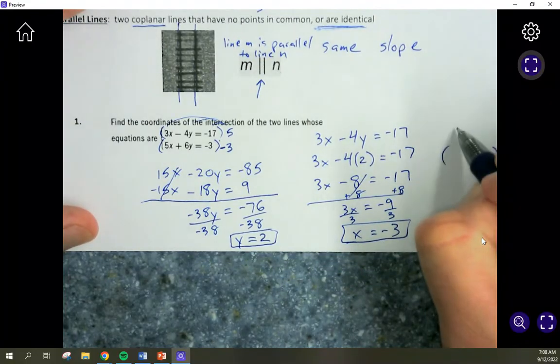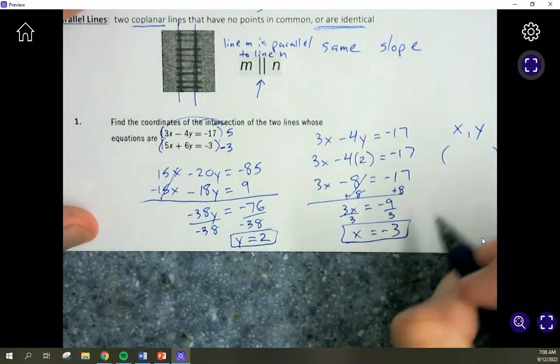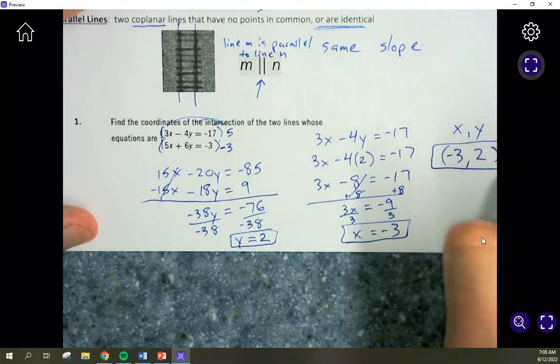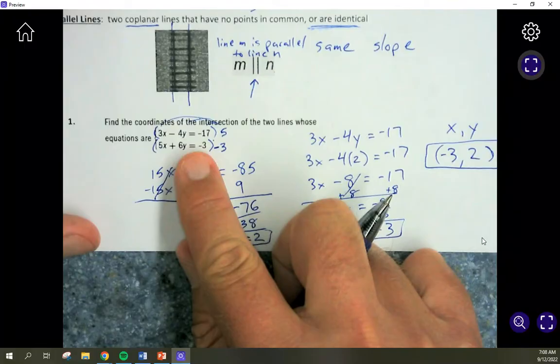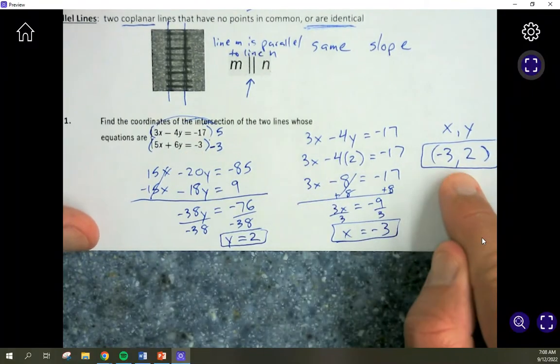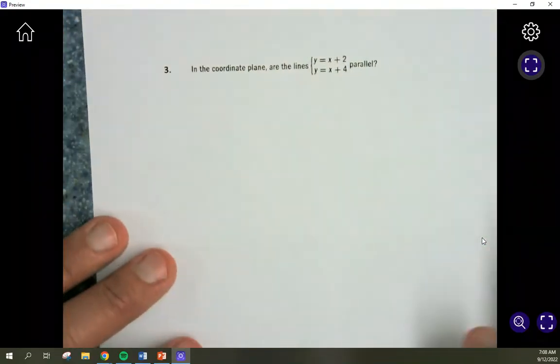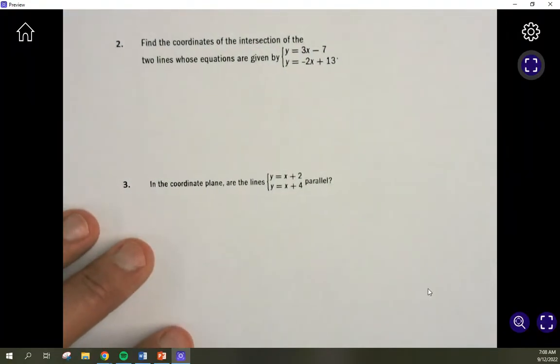Remember, it's x comma y. So the x value is -3, and the y value is 2. So if I put these on a graph, I would see that they cross at this point, -3, +2. All right, let's take a look at another one that's set up a little bit differently.